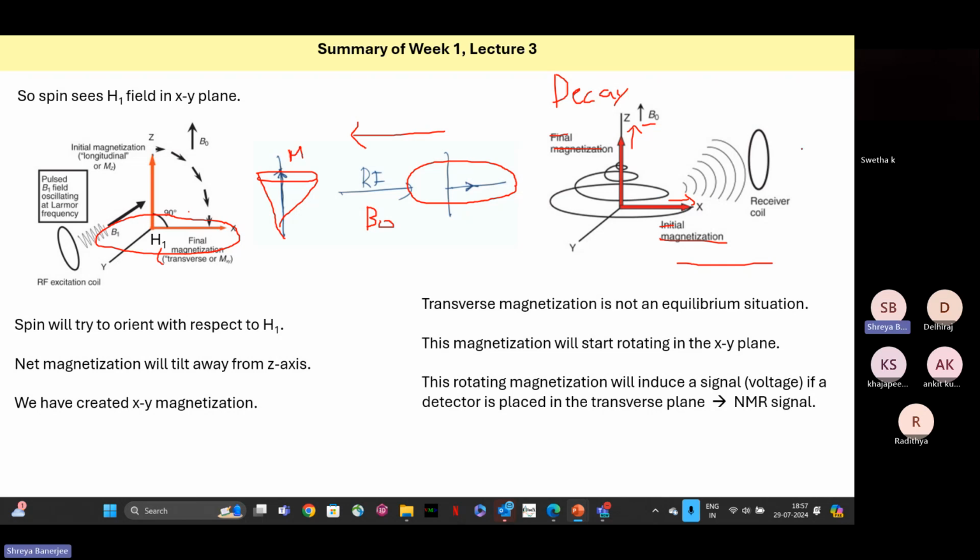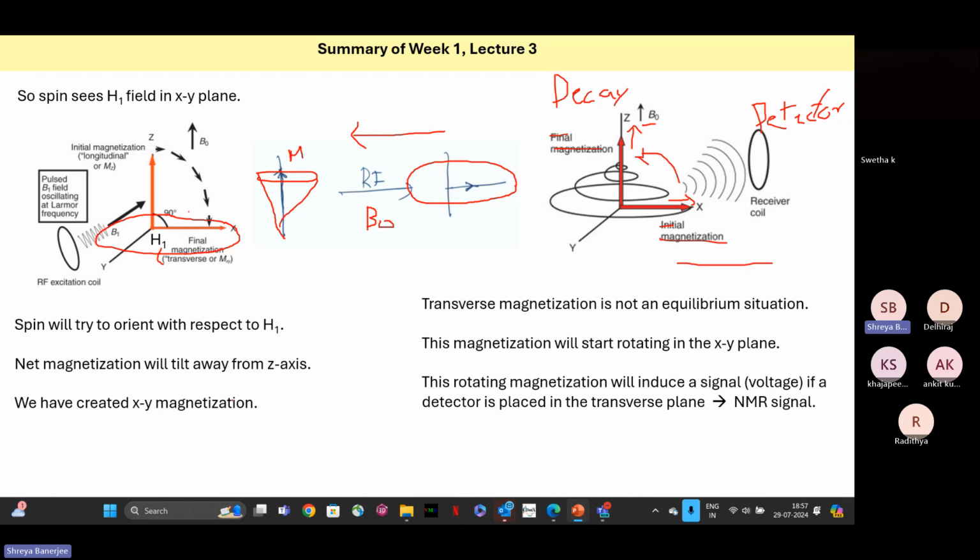And in the XY plane, you have a detector, which here is written as the receiver coil. This receiver is detecting the magnetic field and giving rise to the NMR signal. When you switch off the external magnetic field, again, it will go back to the condition that it was before, that is, it is in the Z direction.